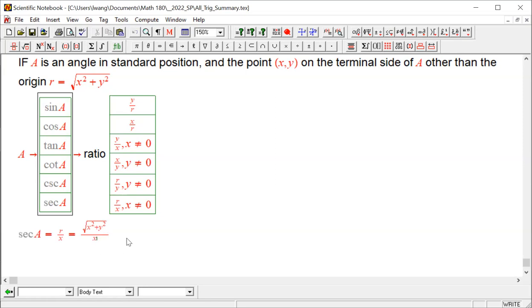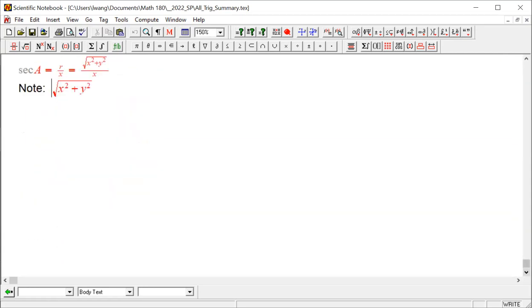You can see from this expression that the numerator is at least the denominator in absolute value.